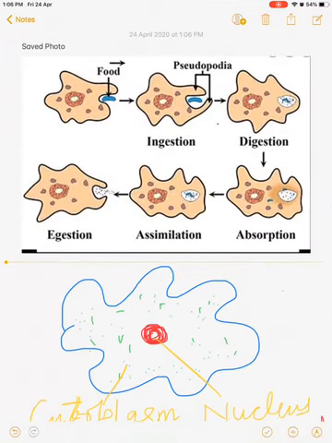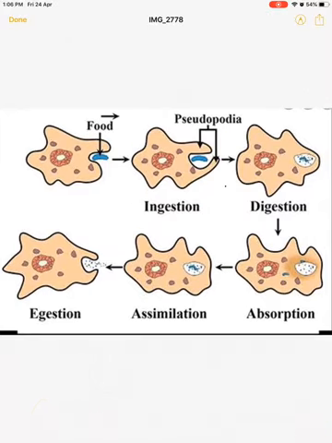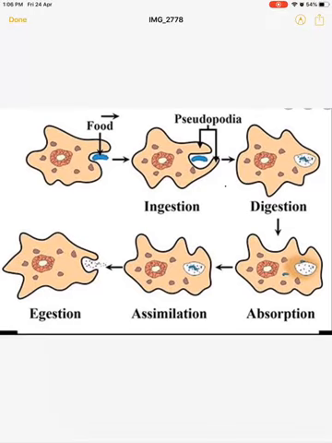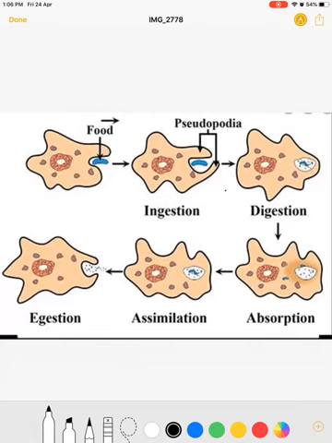This is shown in this picture. The food particle comes in contact with the body surface, so the pseudopodia grow to cover the food particle, and ultimately they cover it and take it inside the cell.